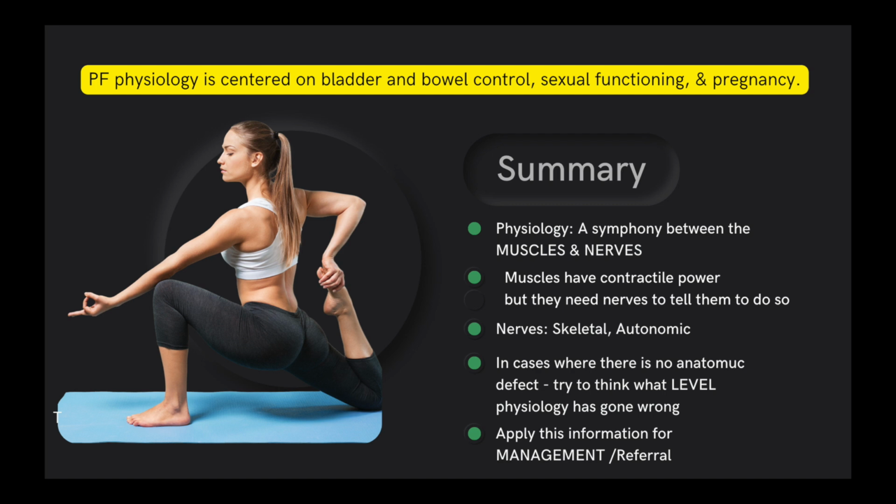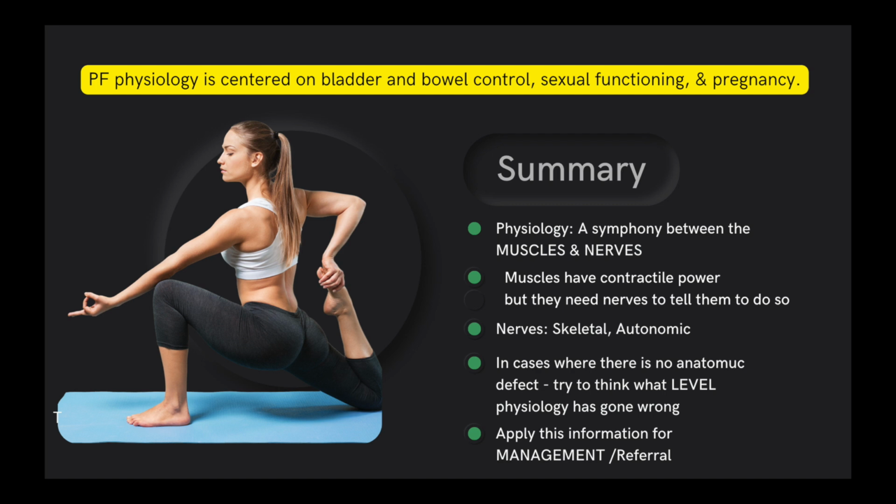So, the pelvic floor is not just a floor or a shelf. Its physiology is very important and is centered on bladder and bowel control, sexual functioning, and pregnancy. Physiology basically is a symphony between muscles and nerves, and a beautiful one.